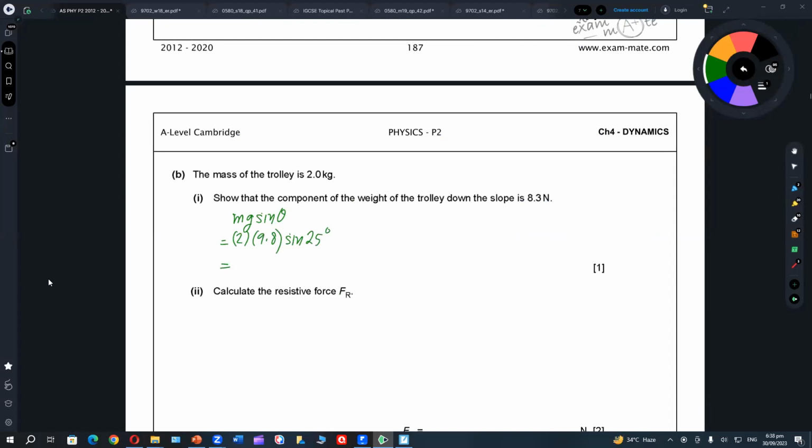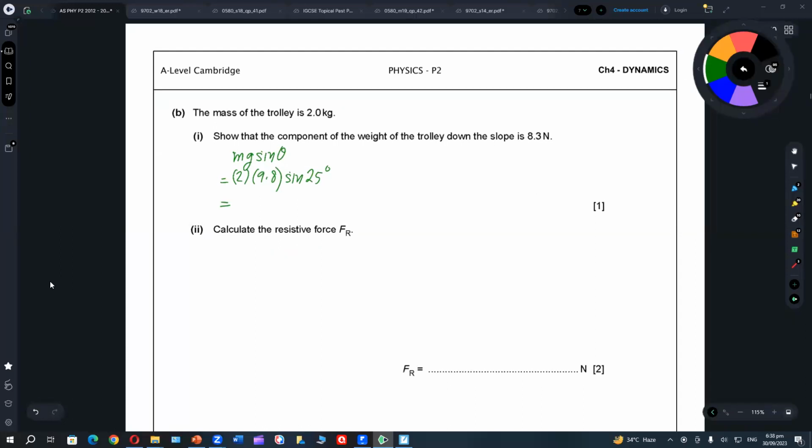So now look at this working. Always get the answer in 1 sig fig more than the question. The question is in 2 sig fig. Always try to take out the 3 sig fig and round it to 2 sig fig for better presentation and better accuracy.